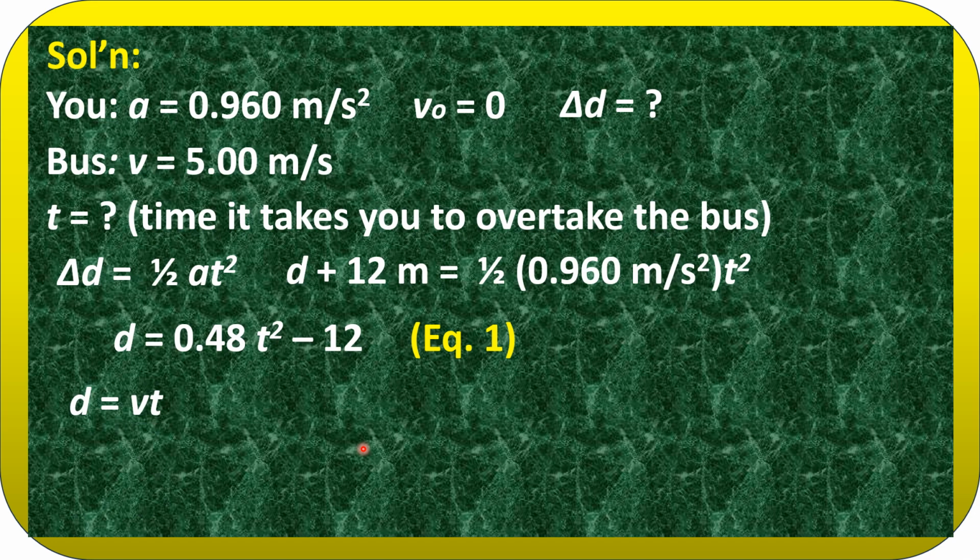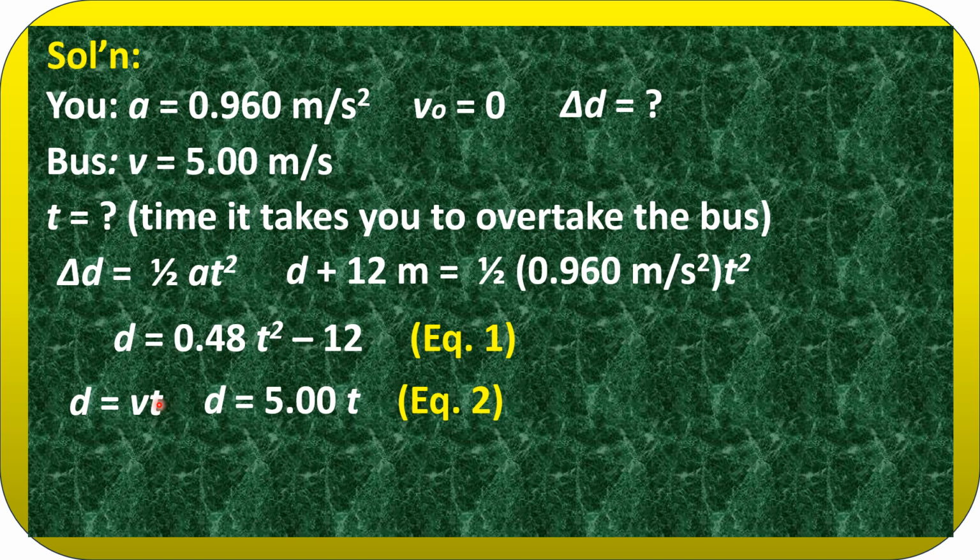So d equals vt is the equation that we use for describing the distance traveled by the bus during that time elapsed t with a constant speed equal to 5.00 meters per second, multiplied by the same variable for time, small letter t, and we call that our equation number 2.